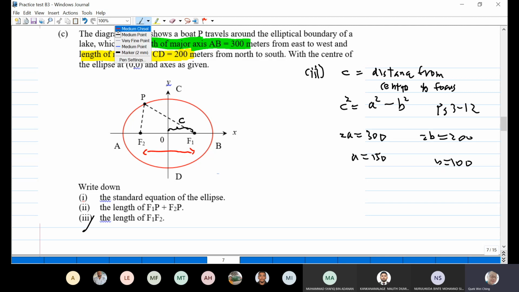Basically your A is this one, and your B is this one. So you find C squared is 150 squared minus 100 squared.